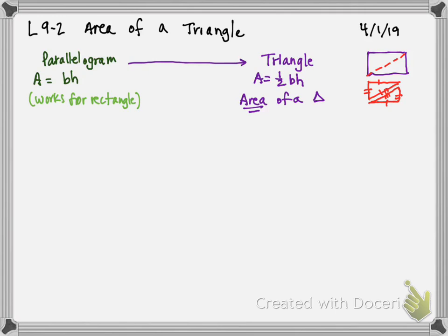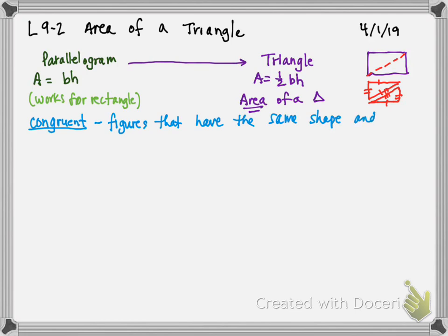Okay, so again, we're going to mention that word congruent. Very, very important word for geometry. It's not the same thing as being equal, because it's not the same exact figure. So this is going to be figures that have the same shape and same size.